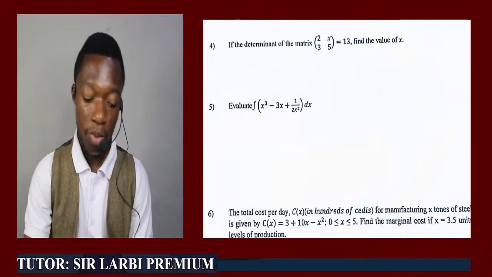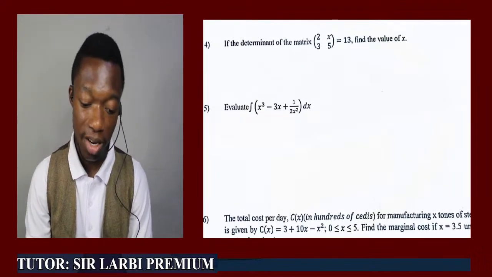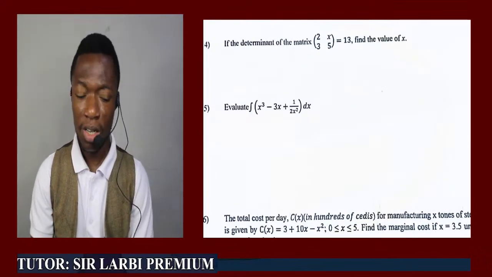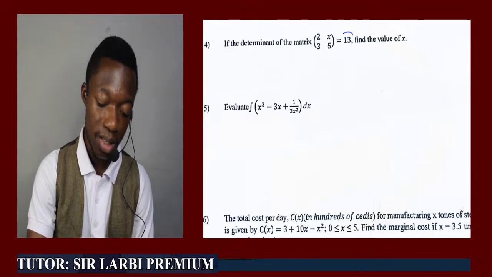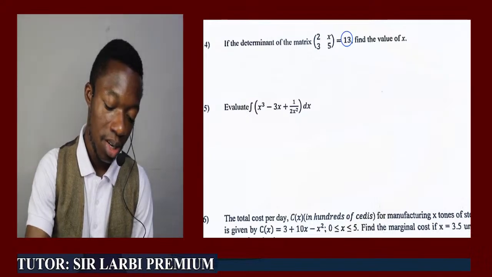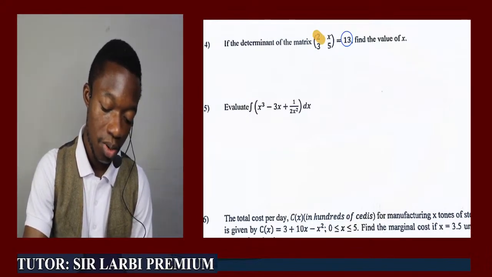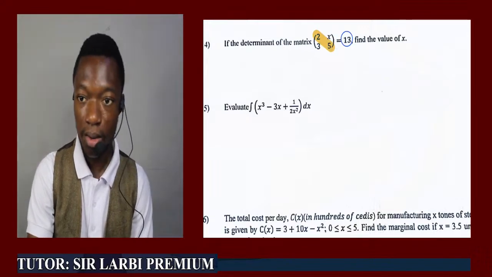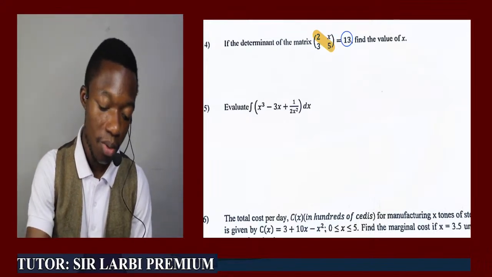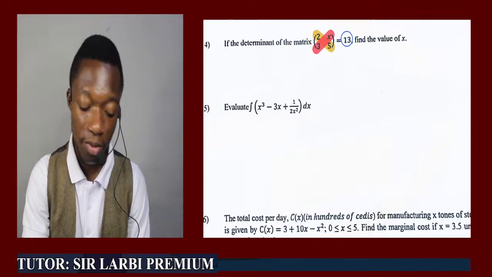So here we are asked to find the value of x, and we have been given the determinant, which is 13. To find the determinant, we take the product of the downward diagonal compared with the product of the upward diagonal.